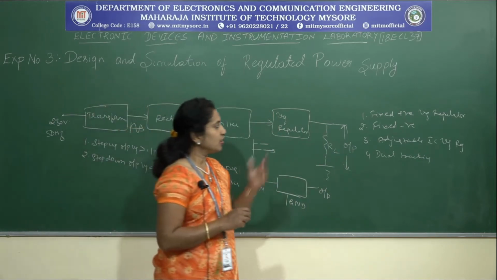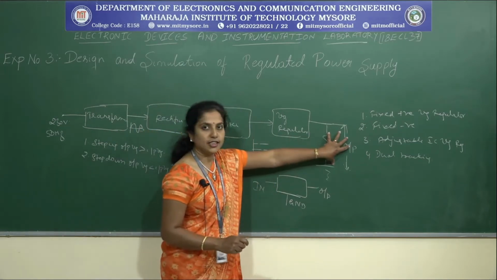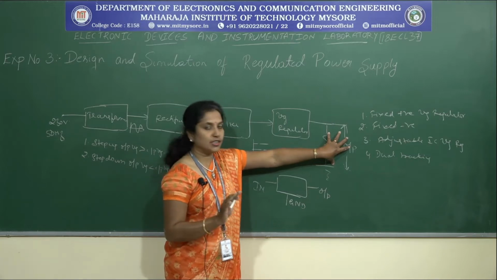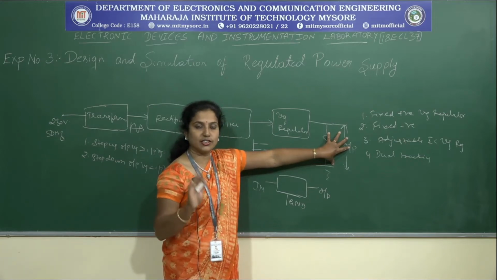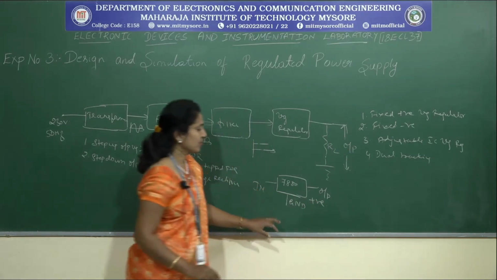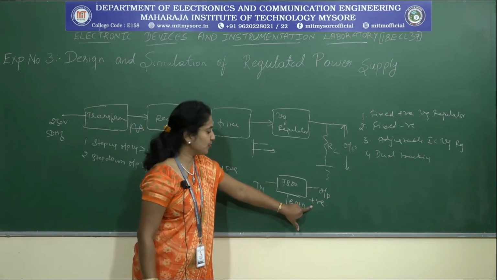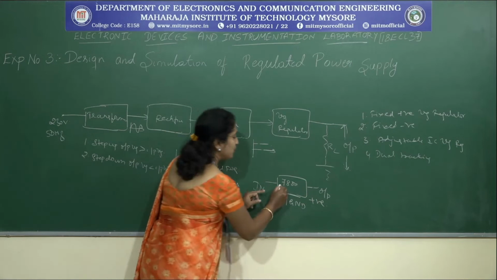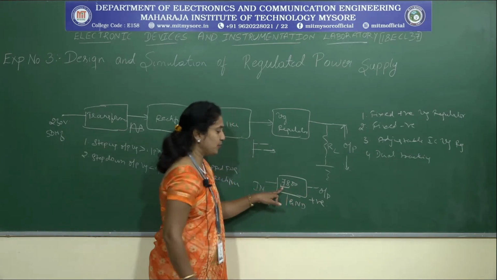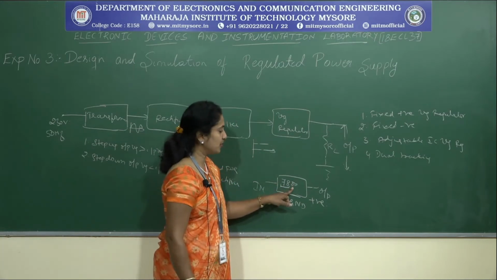First we will see what a fixed positive voltage regulator is. The output voltage you will get is a fixed positive voltage, usually the 78 series, which is available in the market. In these terminals you will get the fixed positive supply. The first 2 digits represent the positive supply and the next 2 digits represent the voltage level.